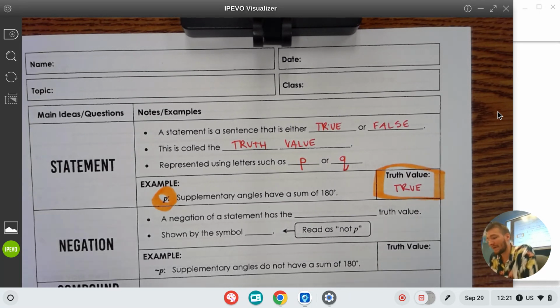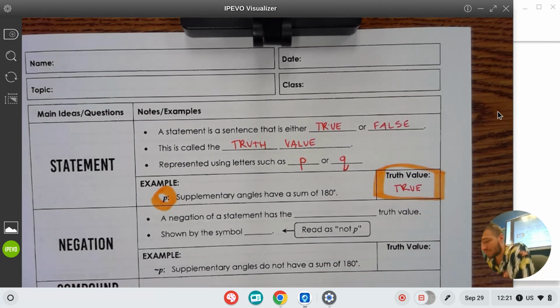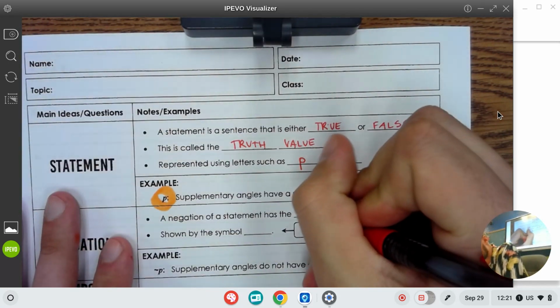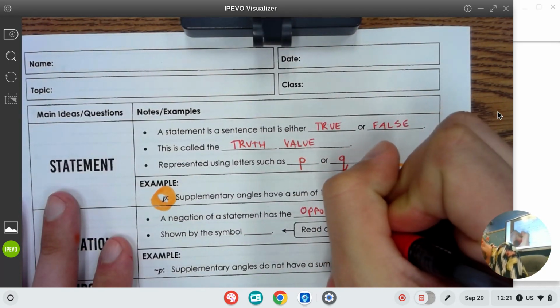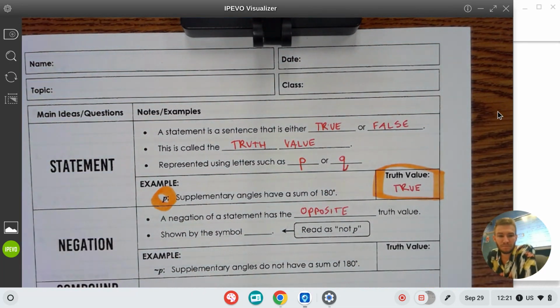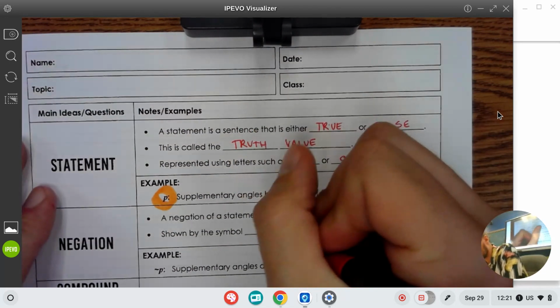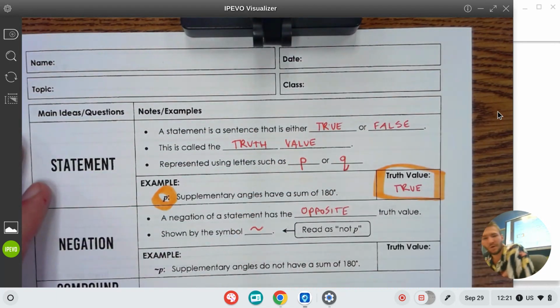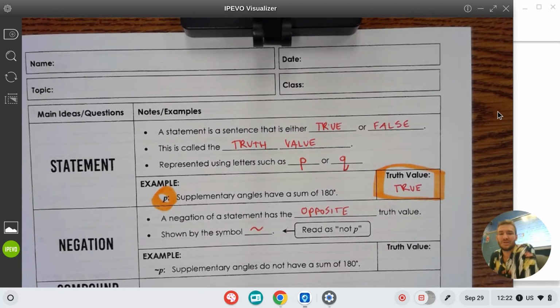Then we have negation, which is all about negatives or opposites, okay? The negation of a statement has the opposite truth value. And we have this symbol, a squiggly line, which is going to be read as not.